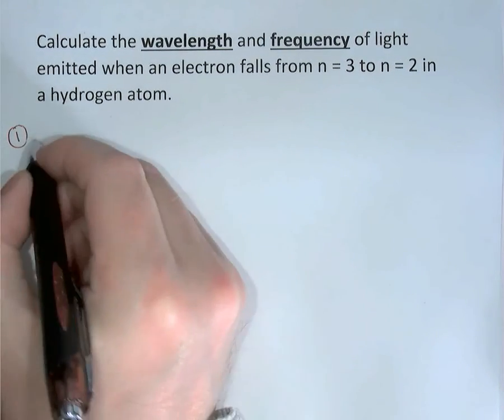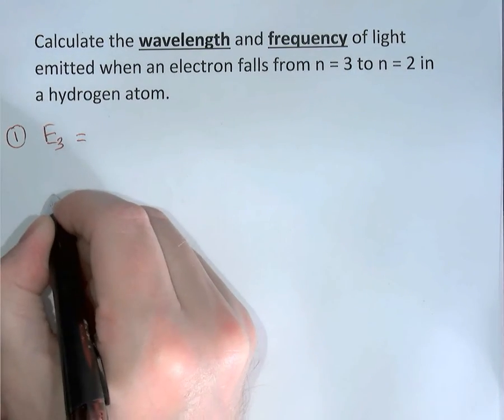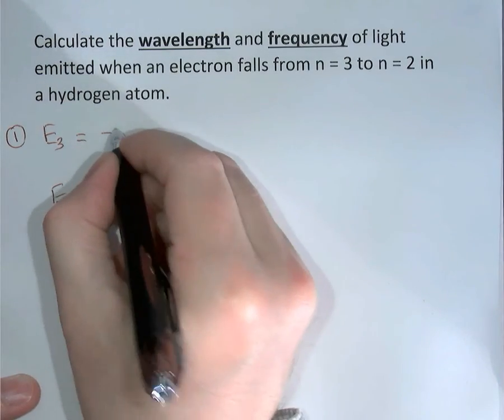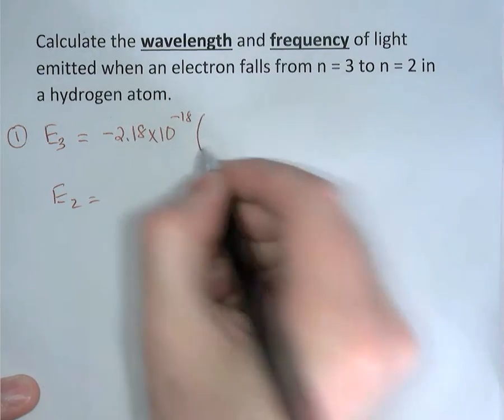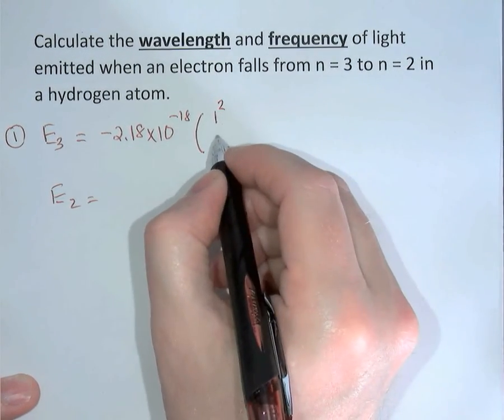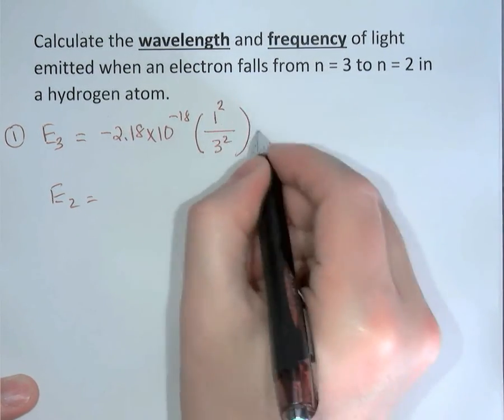So 3 steps. I'm going to start by finding the starting and the final energy levels. Negative 2.18 times 10 to the minus 18 times Z squared, in this case, will be 1 squared. Hydrogen's atomic number is 1, divided by 3 squared.